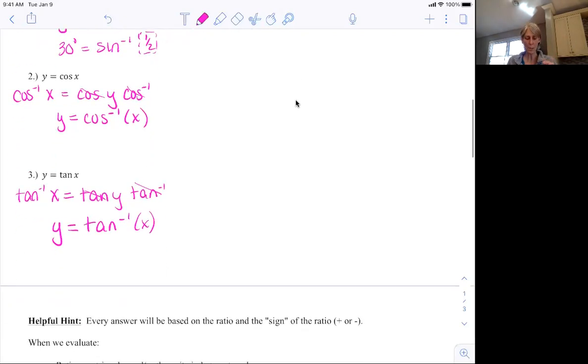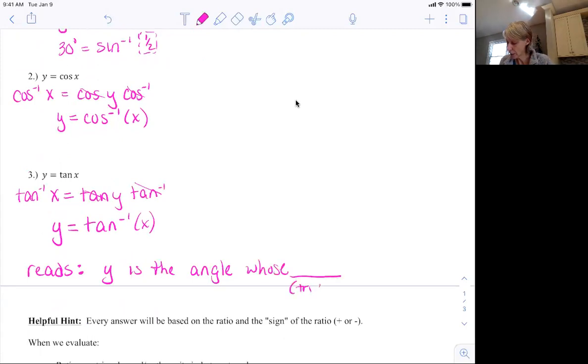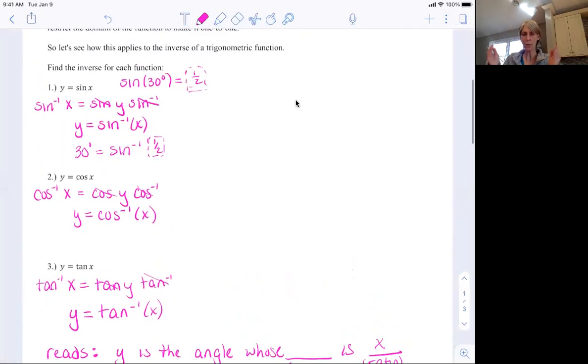So when we read through these problems, the example really reads, y is the angle whose blank, whatever trig function you're dealing with, is x. And x is going to be whatever ratio is in the problem. Okay. So now we're working backwards. That's what you have to think about.